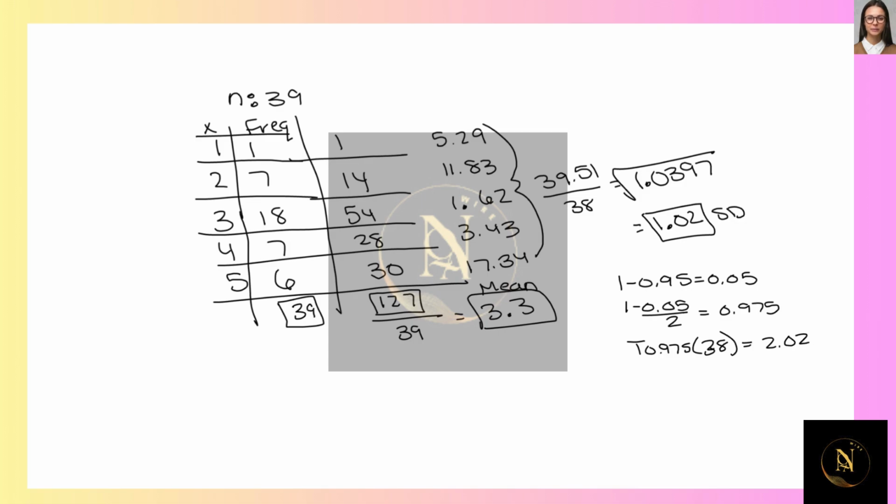So then you have 3.3 plus or minus 2.02 times your standard deviation of 1.02 divided by the square root of 39.